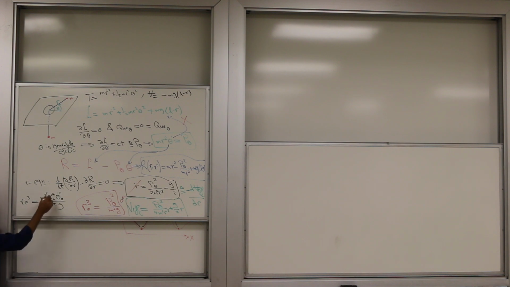This goes away. So if you start at the equilibrium, say, you get that the R equilibrium is g over theta dot naught squared.